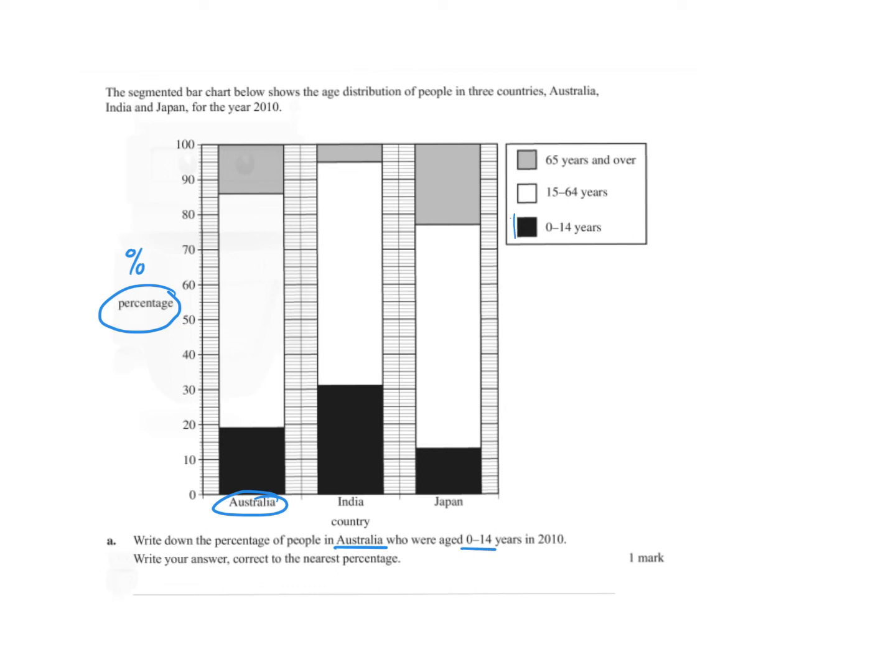If we look up there, 0 to 14 is the black category. So we want this category in here, and write the percentage. We can simply read it off, because this one's starting at 0 and it goes up to, I'm going to say 19. So we'll say 19%.